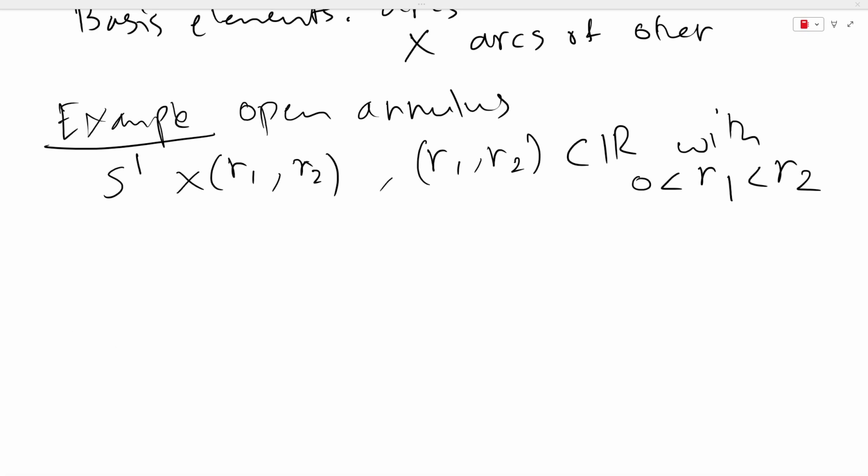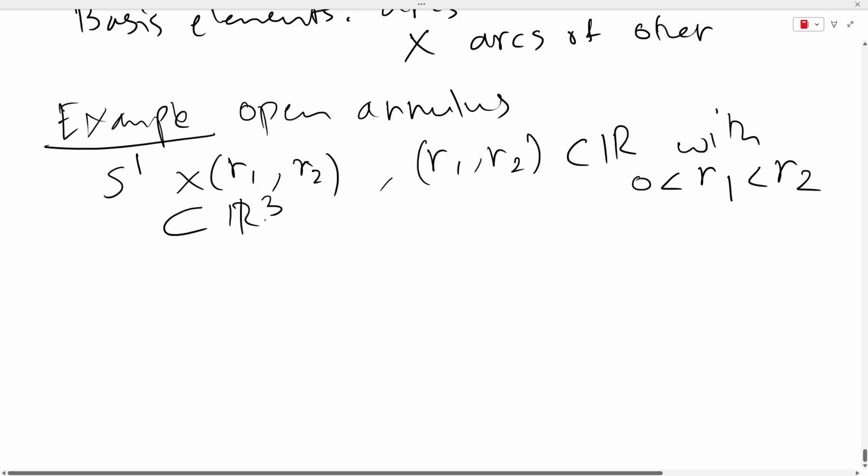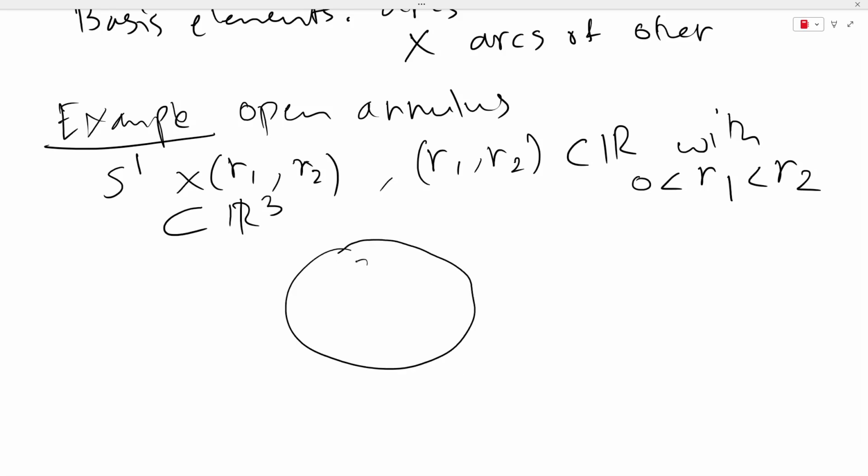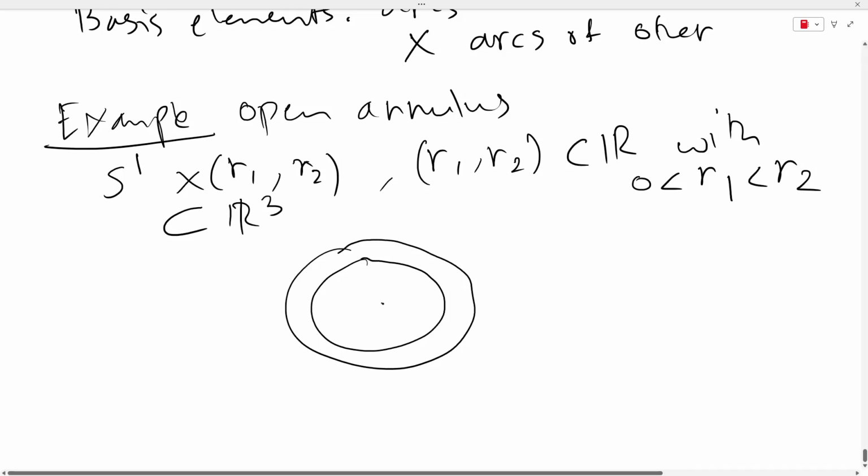This product is an open circular band with radii r1 and r2, in R3. So this is a subspace of R3 now. It's two circles, like a band. So this is r1 and this is r2.